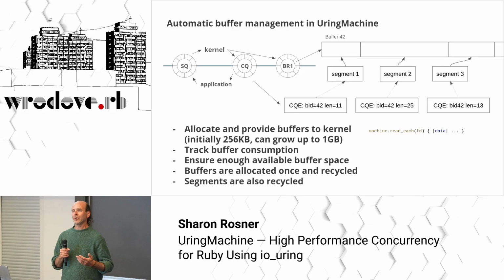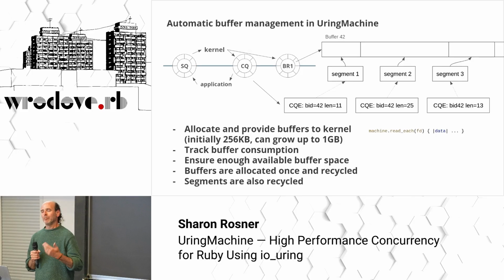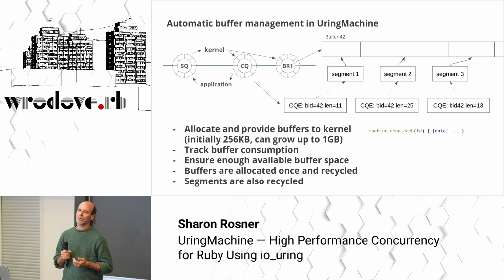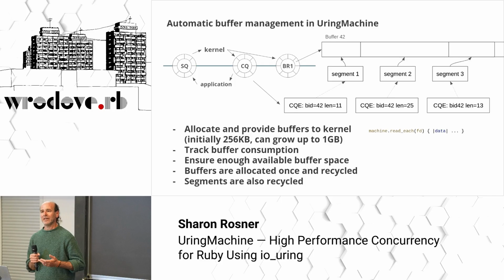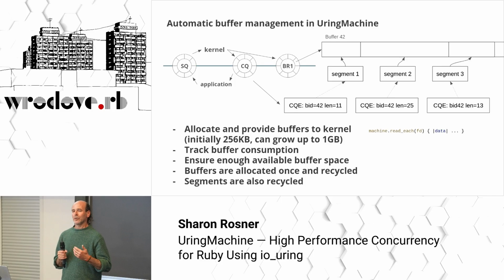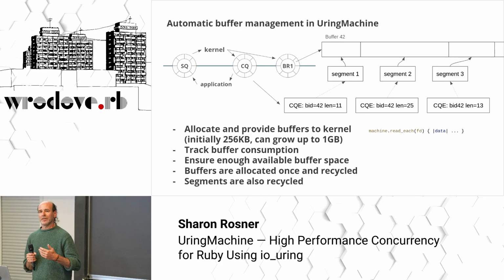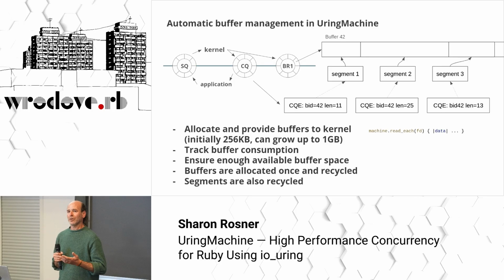So what UringMachine does is it builds on this feature of provided buffers and on multi-shot operations to implement completely automatic buffer management. So the way this works is that UringMachine allocates a bunch of buffers and it provides them to the kernel.